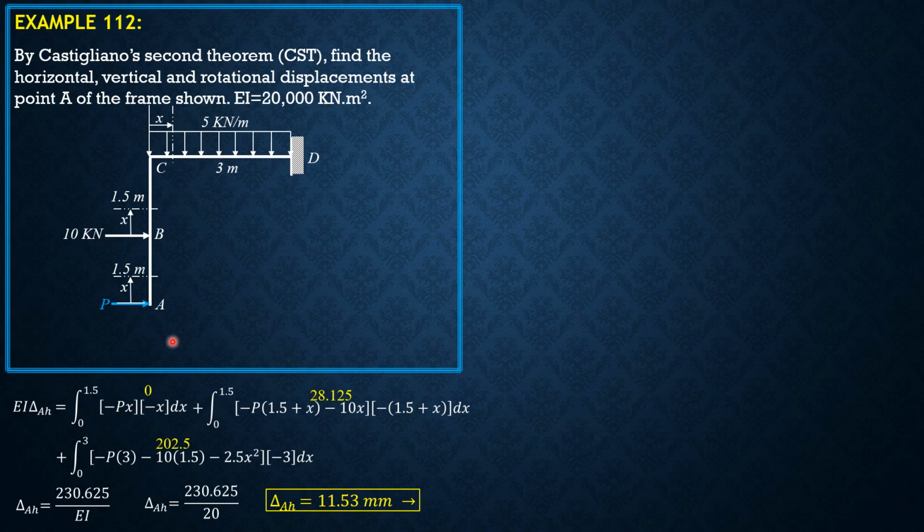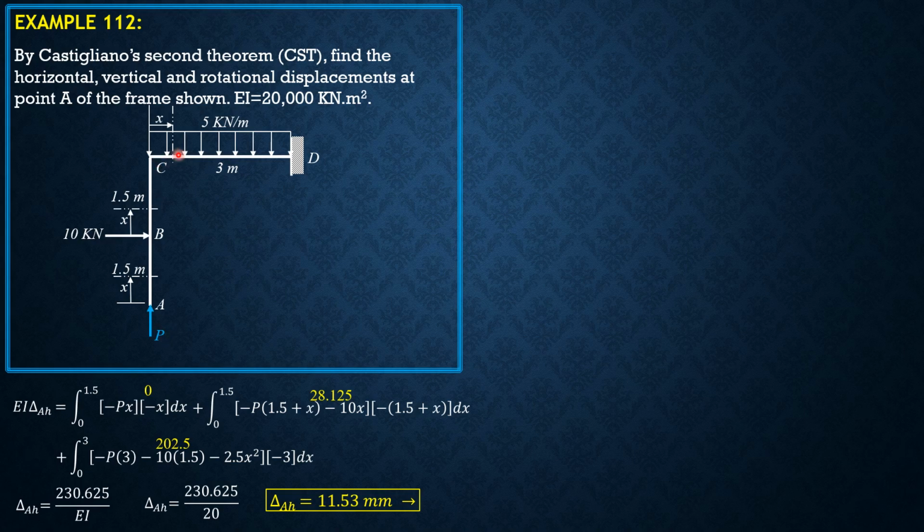Then for vertical displacement at A, we remove this horizontal P, apply upward P. So take note that the moment at this section is P times 0, so it's still 0. The moment at this section is P times 0, although there is moment due to 10, but the partial derivative would be 0, so it's still 0.